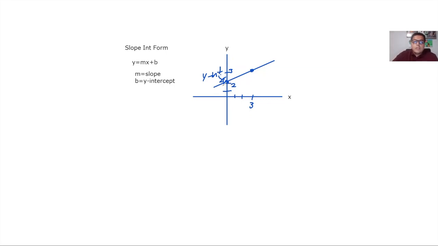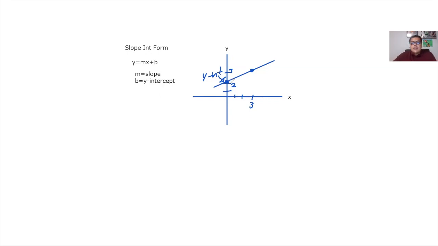Okay, so now that we know what the y-intercept is, since we can clearly see it on this graph, we now need to know, how do we find our slope? What can we do to be able to find our slope and express our line as an equation?